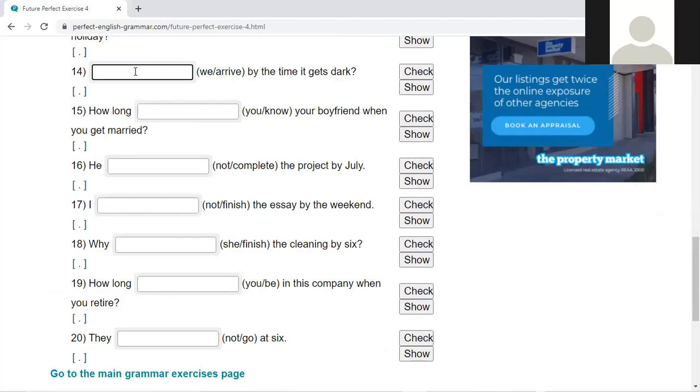Will we have arrived by the time it gets dark? All right, very good. 15. How long will you have known your boyfriend when you get married? Okay, very good. That is correct.